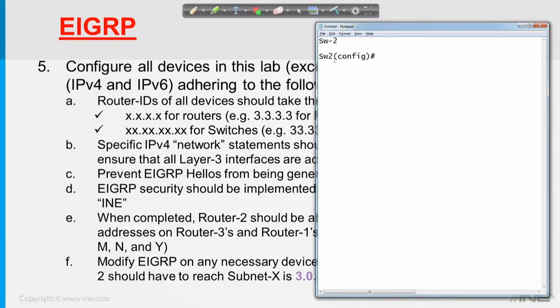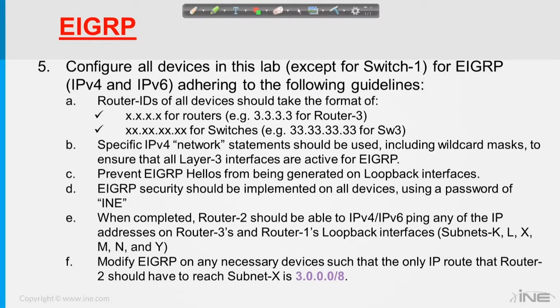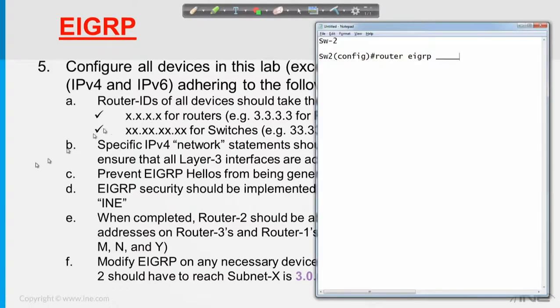What would I type to enable my EIGRP process? Yeah, so right here I'd have to type router EIGRP, and then after that I'd have to select some sort of autonomous system number. Now this particular lab has not told us what autonomous system number to use, so we can pretty much pick anything as long as it's consistent across all of my devices, because they all have to match. I always like doing EIGRP 100, for some reason. So router EIGRP 100, and that'll put us into config-router mode.